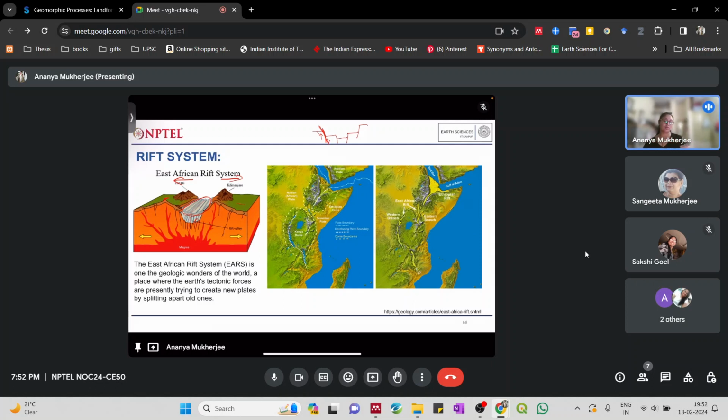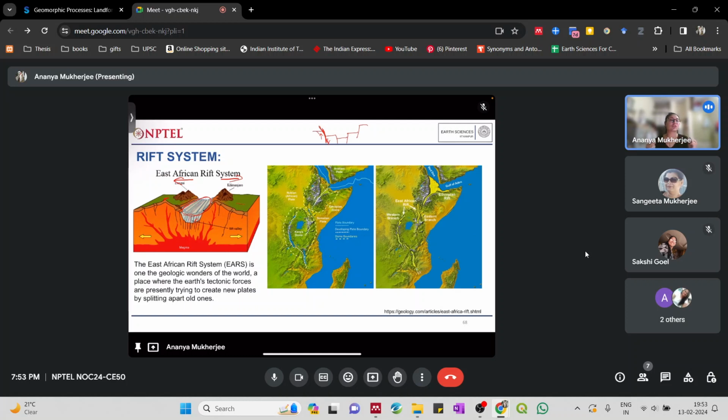I'll have to explain the entire fault system over here, but you can see that compression was the mechanism that was forming the thrust, but for rift formation or the normal fault formation, the mechanism is actually where the forces are going away from each other.